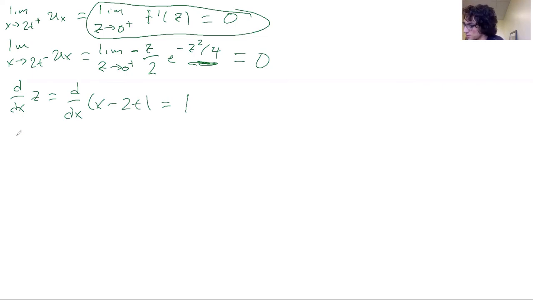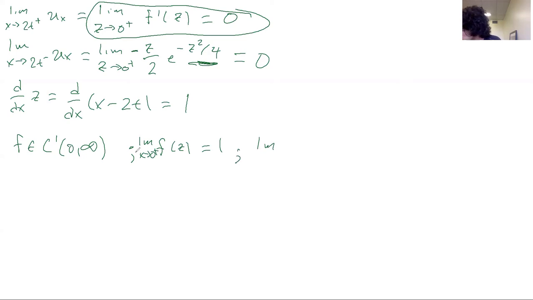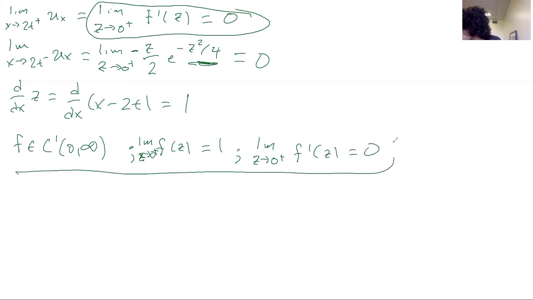So our sort of conditions are that f itself is C1 from 0 to infinity, that the limit as z goes to 0 from above of f of z equals 1, and that the limit as z goes to 0 from above of f prime of z is equal to 0.